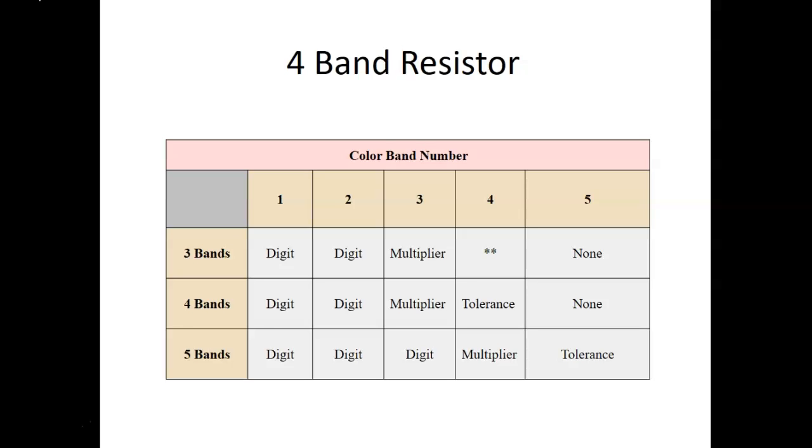So you have 3 different types of resistor color band sets. You have 3 bands, in which you have a digit multiplier, and your tolerance is plus or minus 20%. Okay. 4-band, you have 2 digits, the multiplier, and the tolerance is going to be probably gold or silver. Now you can get red or the other colors in that tolerance band.